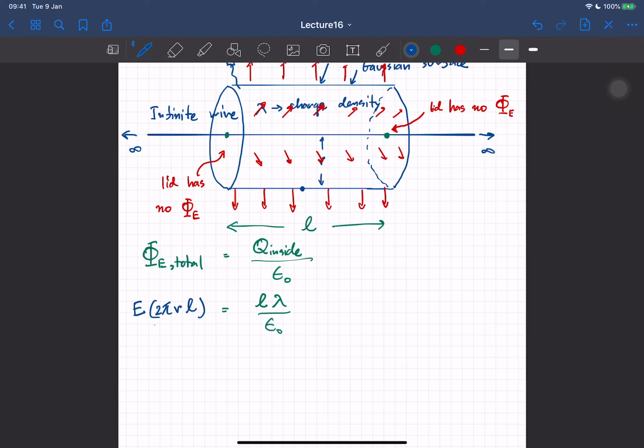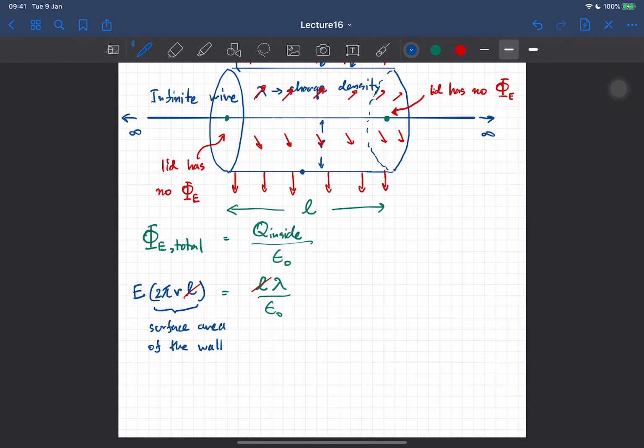So this is the surface area of the wall of the cylinder, 2 pi r times L. And the good thing is small l cancels out on both sides. So the electric field now is simply lambda divided by 2 pi r times epsilon 0, like this.